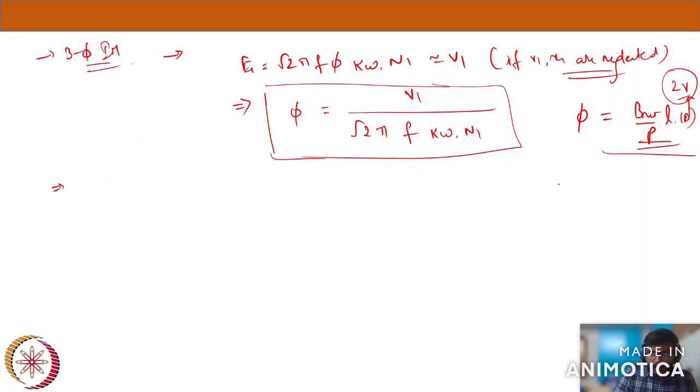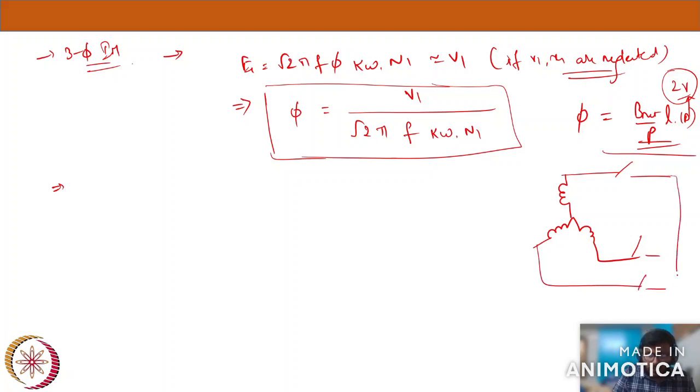I'm just writing it here. Let's say I have my rotor circuit, a star connected rotor circuit. You can also do it in delta, not a problem, but usually we don't do it in delta because it's a bit complicated. So let's say we have a short circuited rotor. This is the induction motor. I'm trying to take the concept of the transformer into the induction motor now.